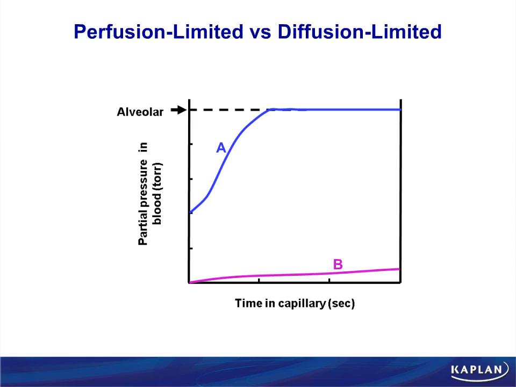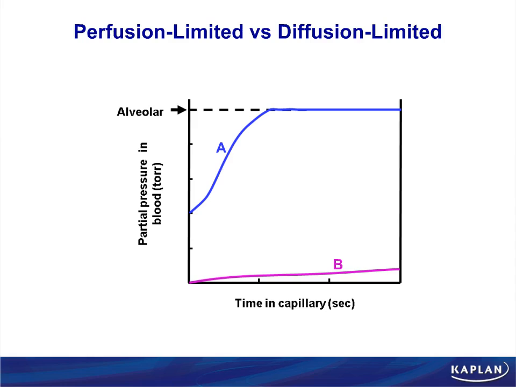This picture is not in your book, but I bring it in because it's a very high yield pictorial representation of perfusion limited versus diffusion limited. All right, let me try to set this up. From left to right, we have time in the capillary. So there's only a certain period of time that the blood is in the capillary. So just imagine you have a chunk of blood going through the capillary in this time frame.